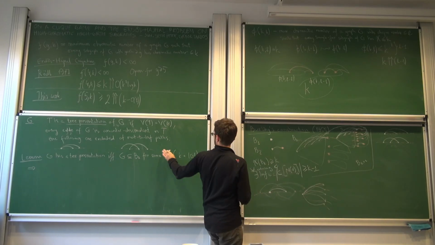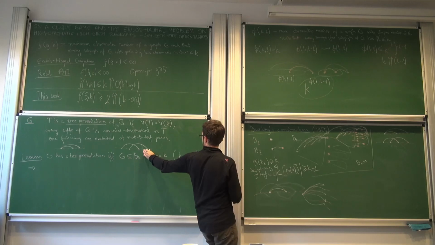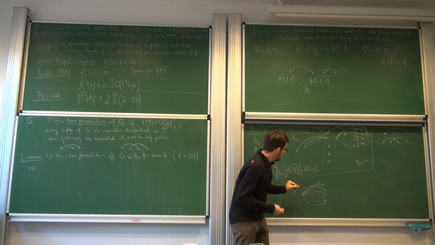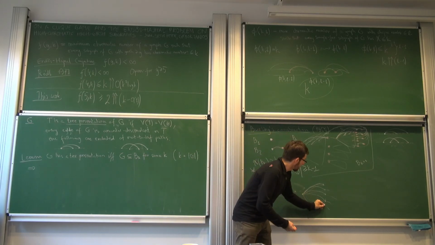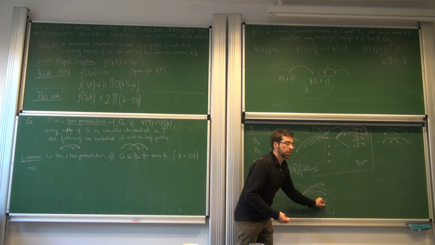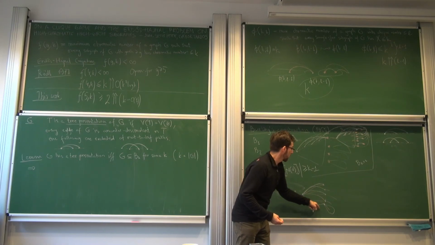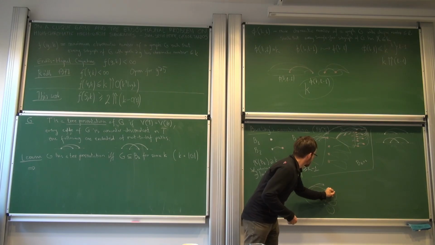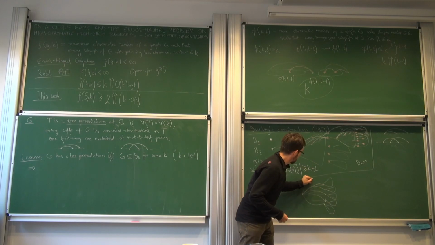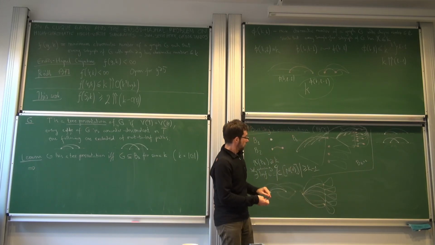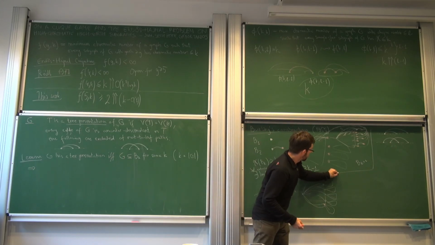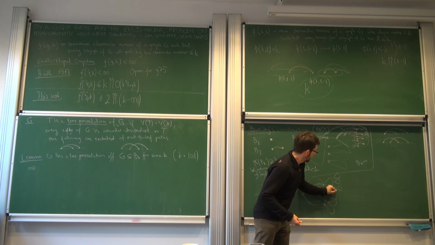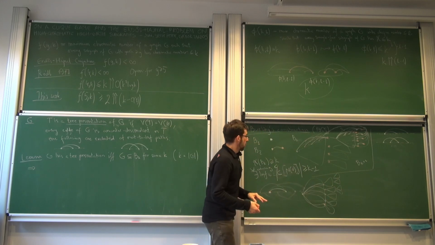So now, by our condition that this is forbidden and that is forbidden, whatever is attached here below is a cut vertex in our graph. There cannot be any edge going here because that would be a crossing. So we can use, and maybe we have more of these cut vertices, and so on.